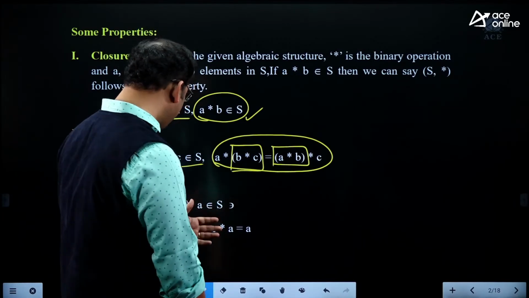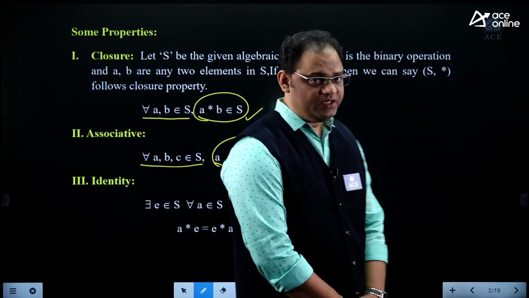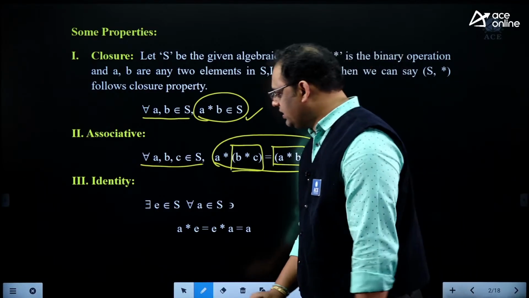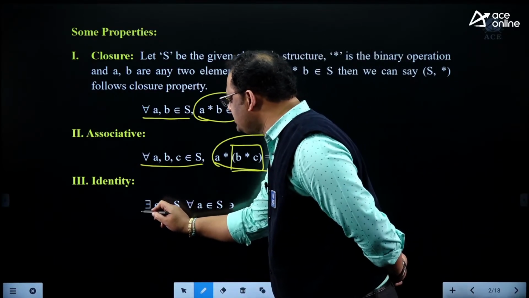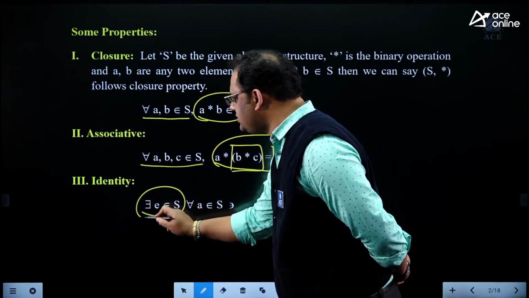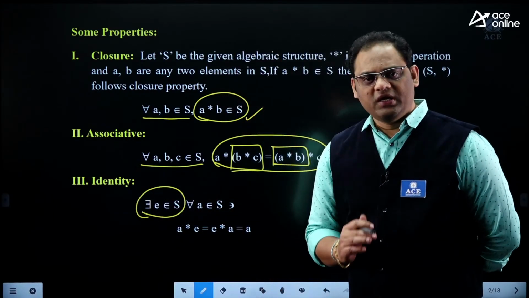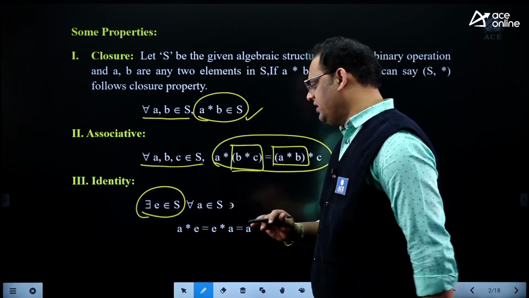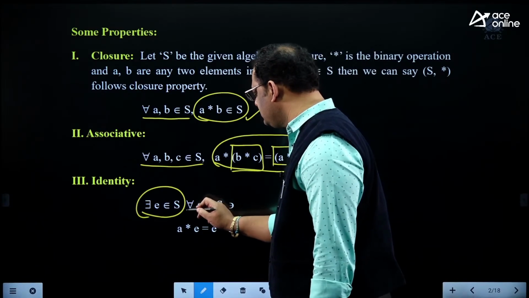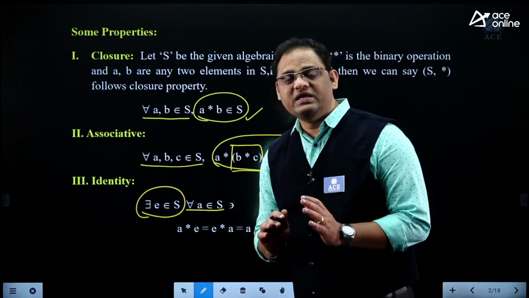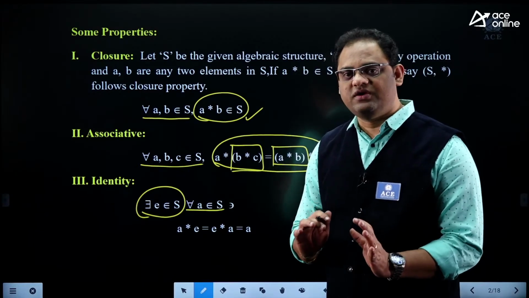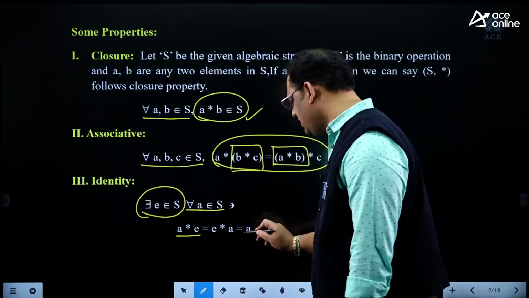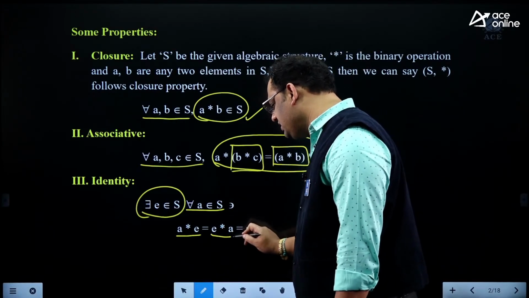Right? And in a similar way, let us take the identity property. Let S be the given algebraic structure. There exists some element e belonging to S, such that for every element a in S, a star e is equal to a and e star a is also a.